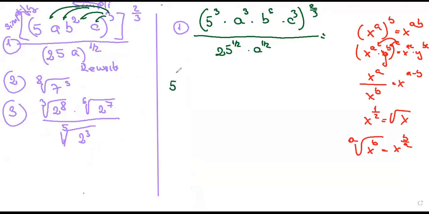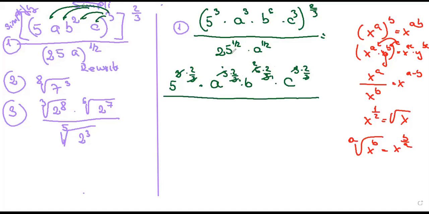5 to the power of 3 times 2 over 3, that simplifies, times A to the power of 3 times 2 over 3, simplify, times B to the power of 6 times 2 over 3, this is 2, 1, times C to the power of 3 times 2 over 3, simplify. 25 to the power of 1 over 2 is the square root of 25, it's 5.